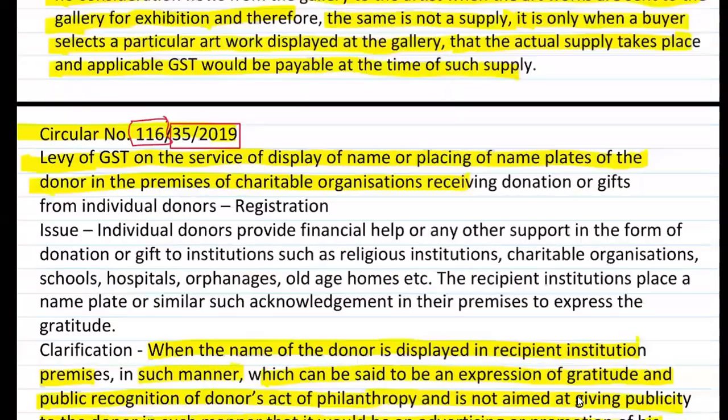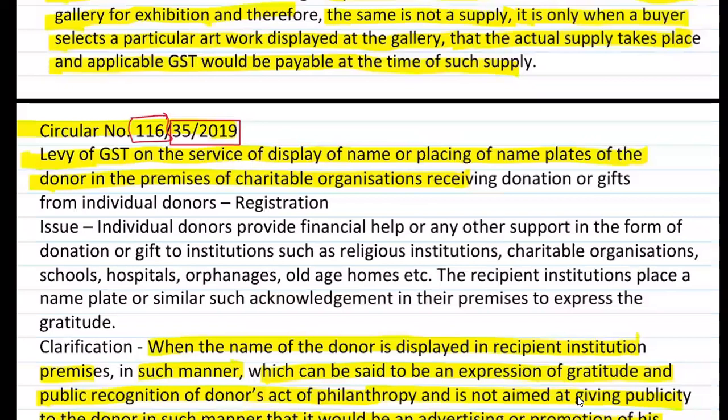Now see what actually happens. Try to understand how this doubt came out. We know donations and charities, correct? Suppose, for example, I have a business entity. I am having my own business, and I have done some charity.